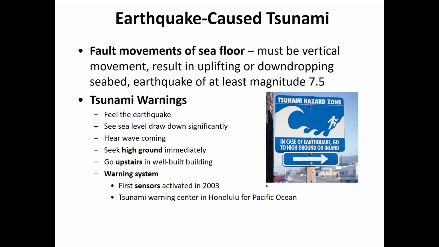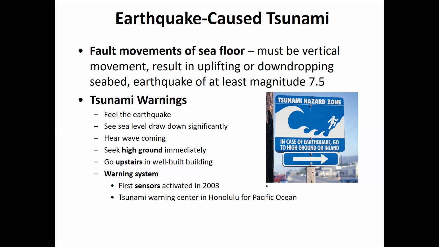So warnings of a tsunami include, first of all, you feel the earthquake. Second, you see the sea level draw down significantly if a trough is making landfall first. You can often hear the wave coming. Sounds like a freight train, some people say, or a large hissing sound. Any of those warnings, you want to seek higher ground immediately, go upstairs of a well-built building.